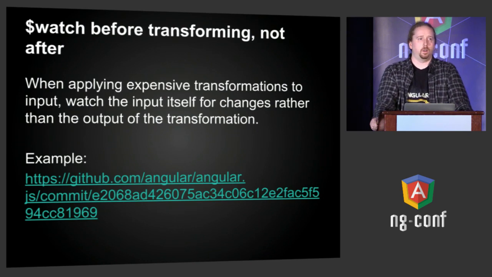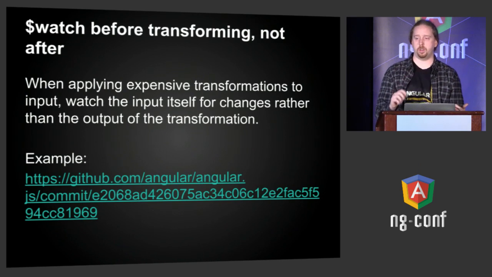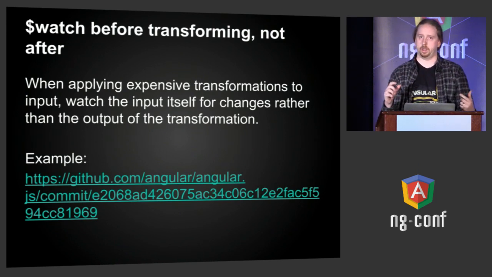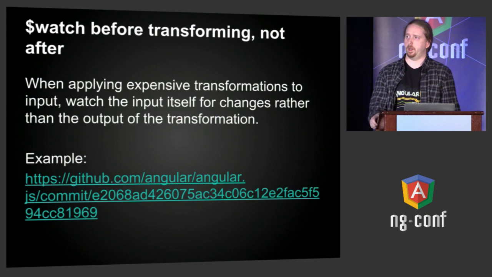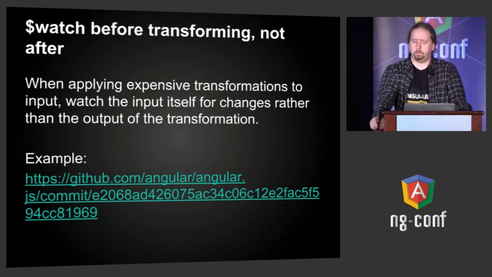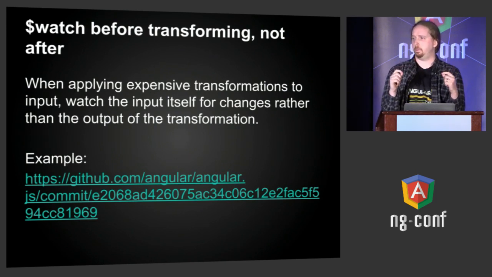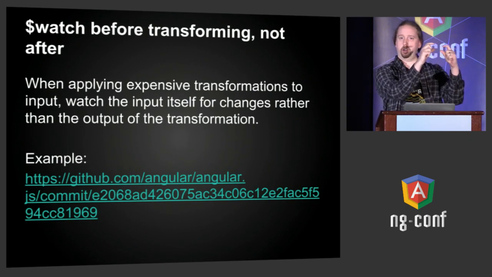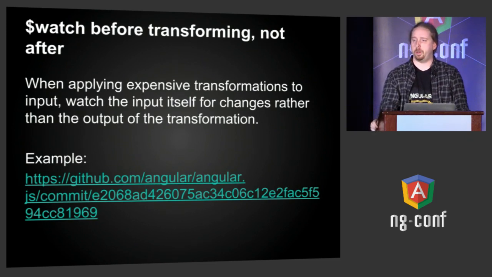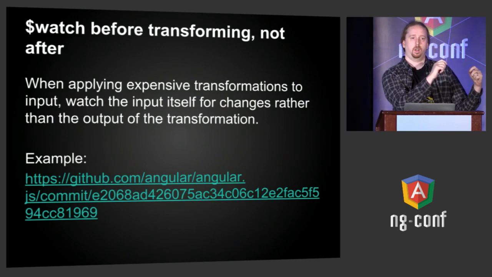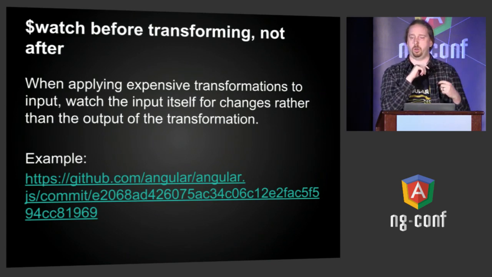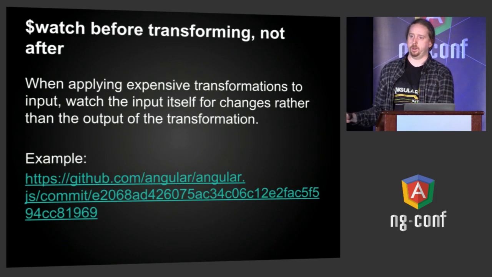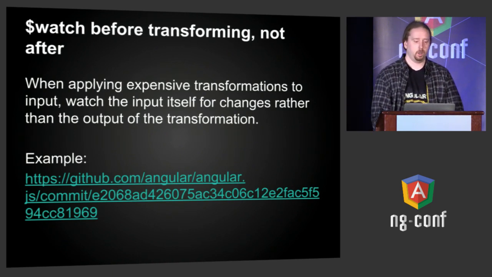In ng-bind-html, what this service does is it goes through and makes sure that there's no dangerous stuff inside that HTML before putting it into the DOM. In the original implementation, it was doing this checking on every dirty check because it was in that first function in the watcher. So it turned out to be a lot smarter to watch the raw HTML, and then when that changed, do the transformation once, and then proceed. So that saved a bunch of time.